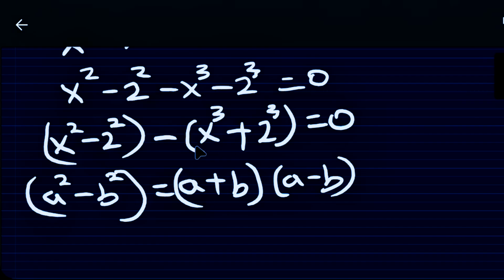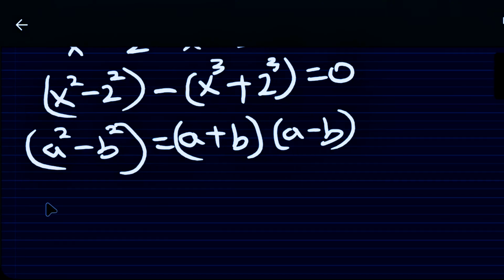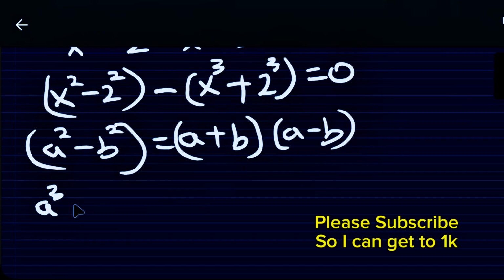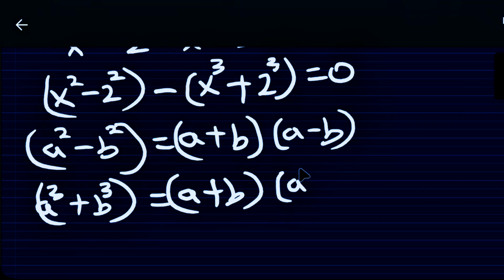And this x cubed plus 2 cubed is an algebraic identity which is in this form. If you have a cubed plus b cubed, this equals a plus b, open another parenthesis, a squared minus ab, then plus b squared. If you expand this, you have this.